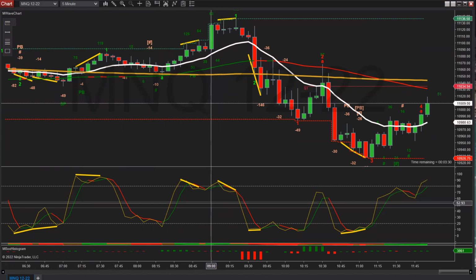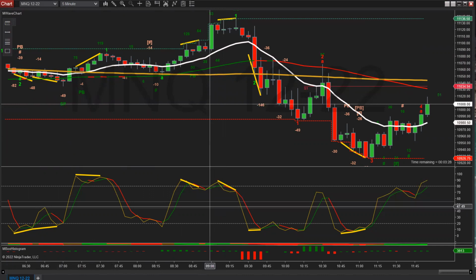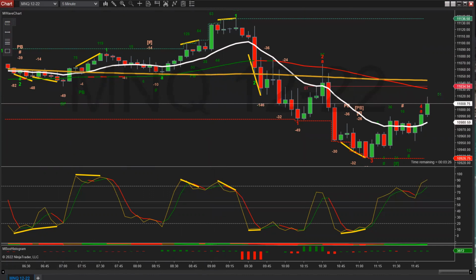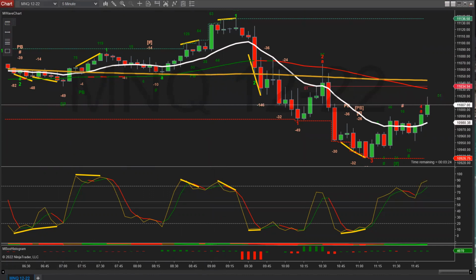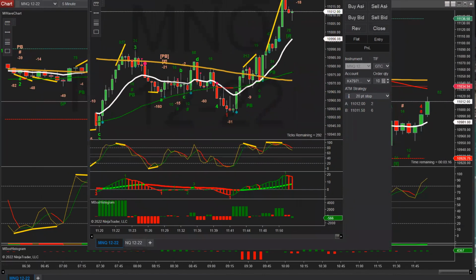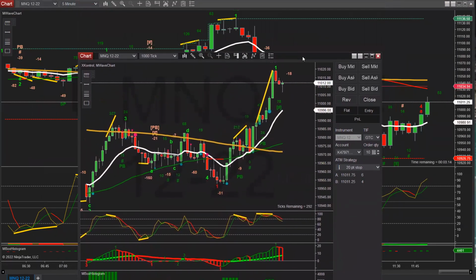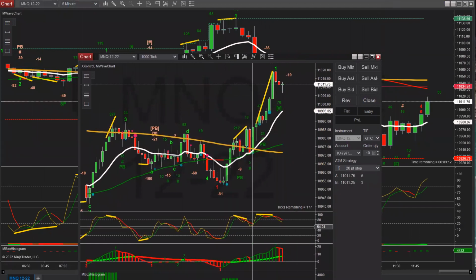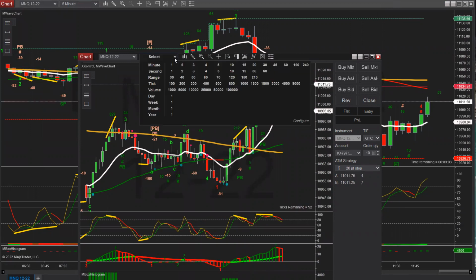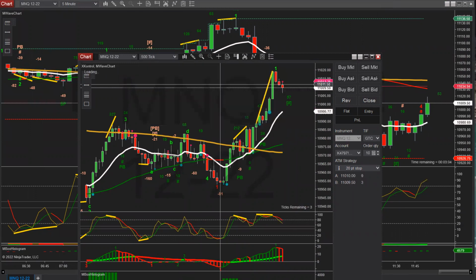Matter of fact, so you can see the actual movement since the market is kind of moving, I'm going to bring in a faster chart so you can see how it actually moves. Just look at stochastics on here. This is a 1,000 tick chart. I'm going to bring it even faster. Let's go 500 ticks.